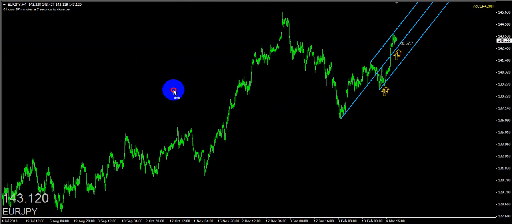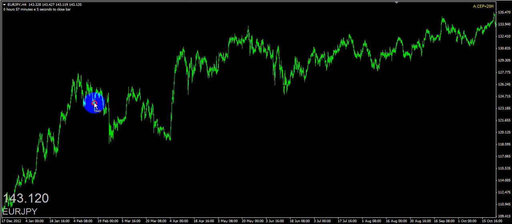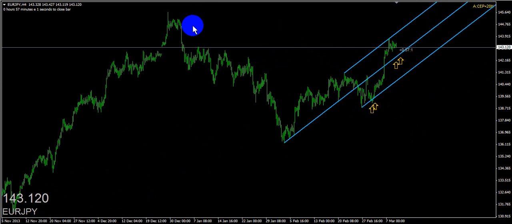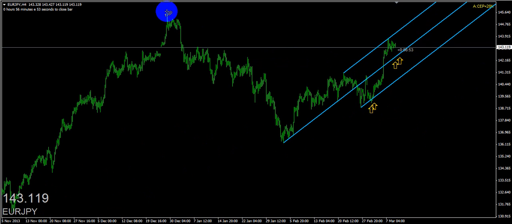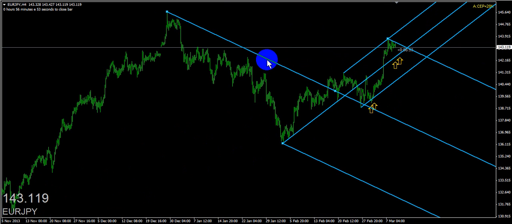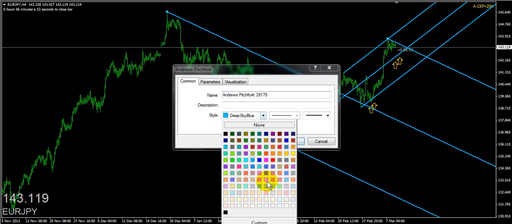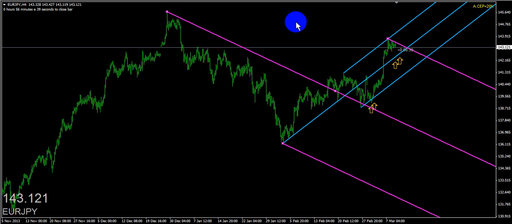Again, Euro Yen is pretty bought, so another potential would be a new median line from the high, like this, to the downside. So that's a potential for a new median line.